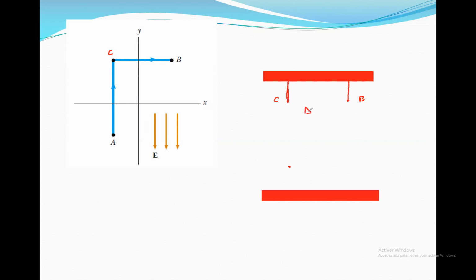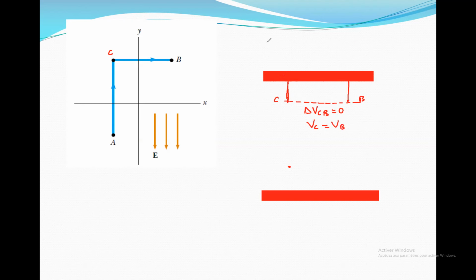In this case, we have the same field and the same electric potential also. Delta V CB equals 0, it is an equipotential surface. We have the same equipotential surface. Delta V CB equals 0, V of C equals V of B.